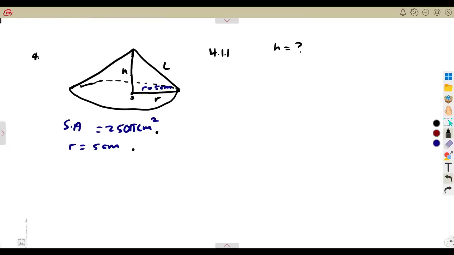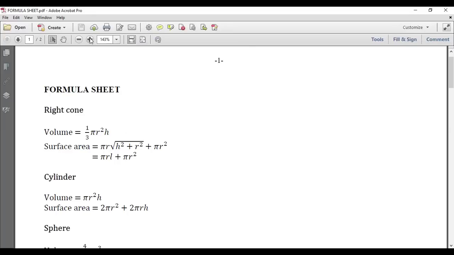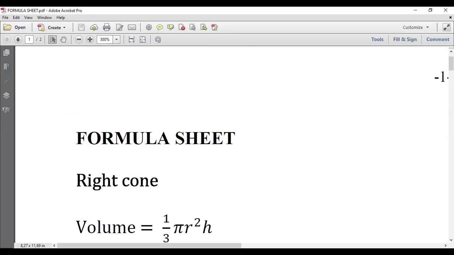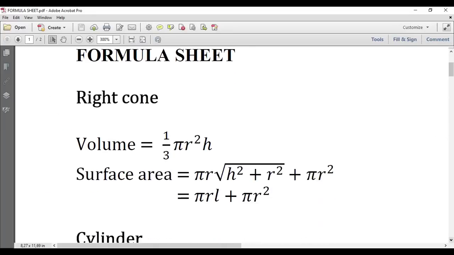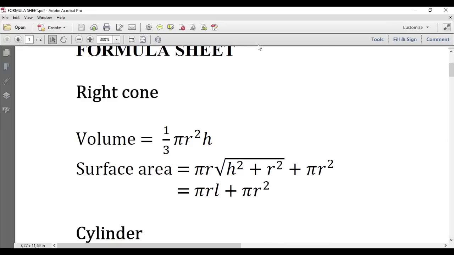From our formula sheet, remember, this is what we have on a right cone. On a right cone, there are two formulas to use for the surface area. The first formula is written in terms of the radius and the height.